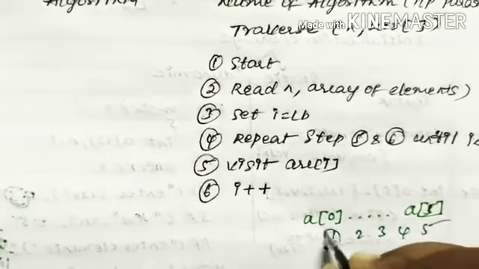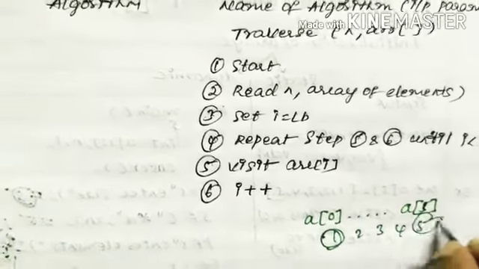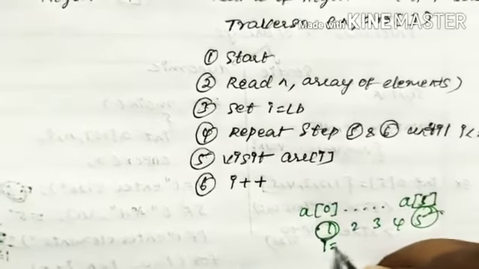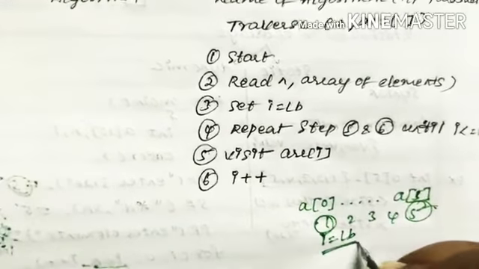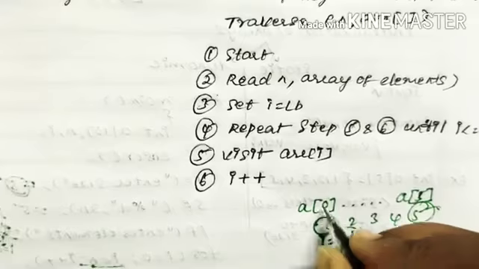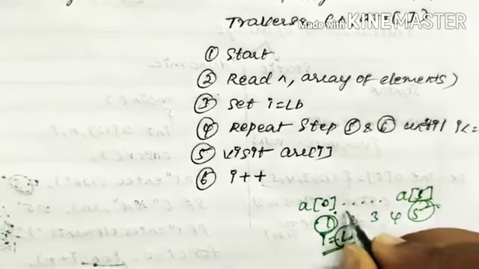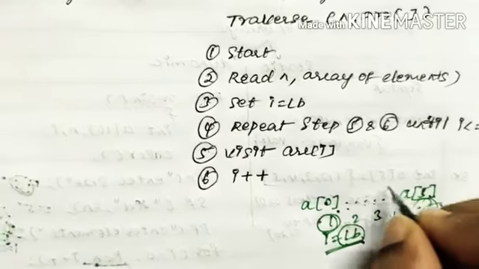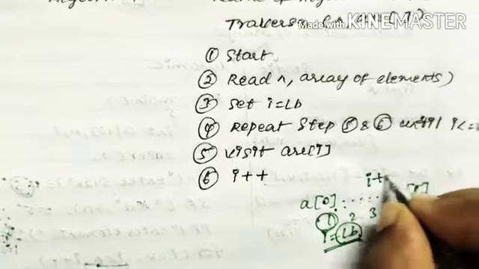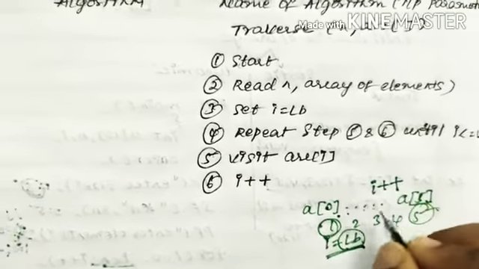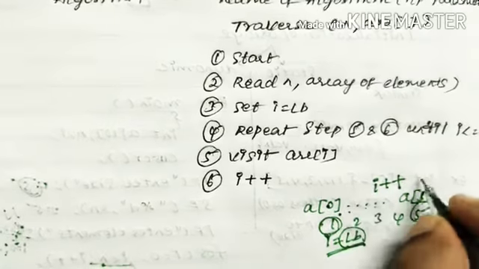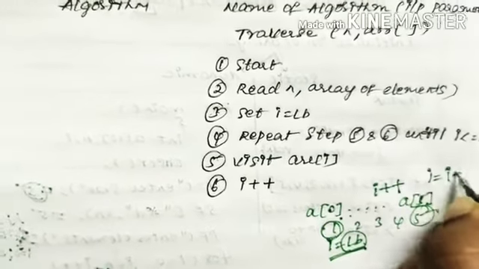It should go from lower bound to upper bound. So I initialize i with the lower bound, that is the 0th index, and it starts from visiting the 0th index to the last index. For visiting up to the last index we increase the next value as i plus plus, that means i is equal to i plus 1.